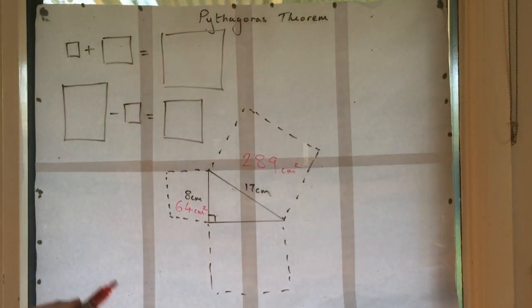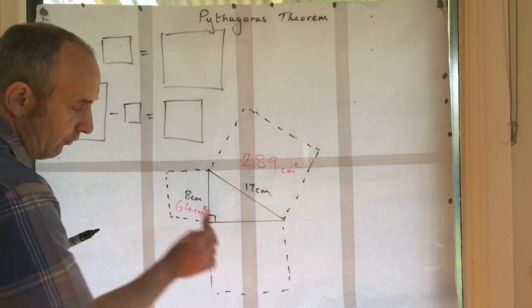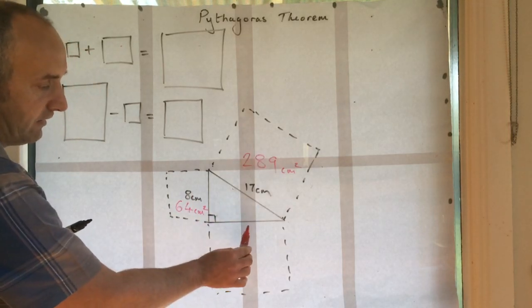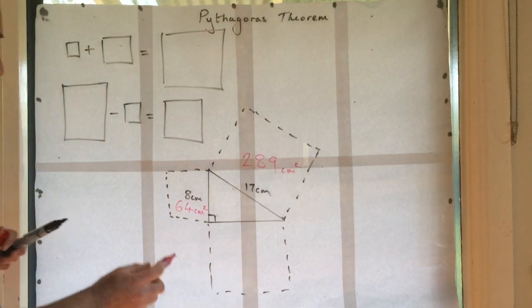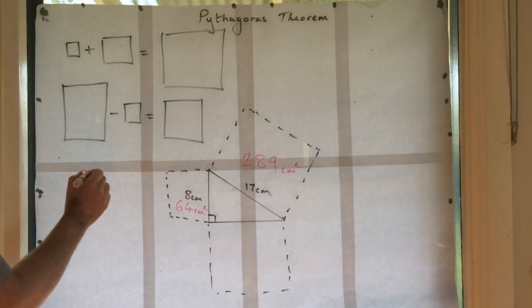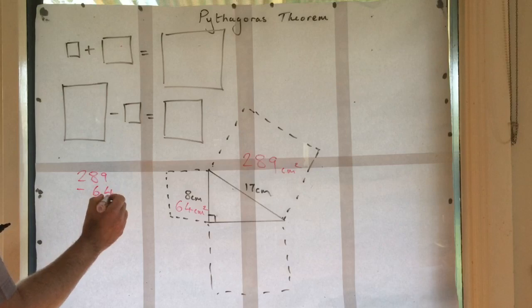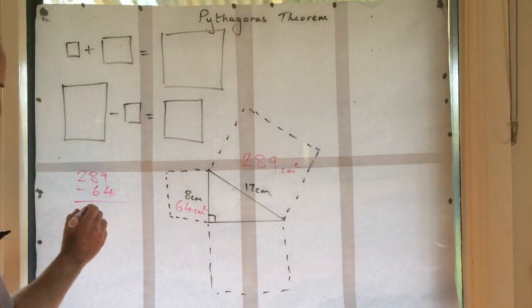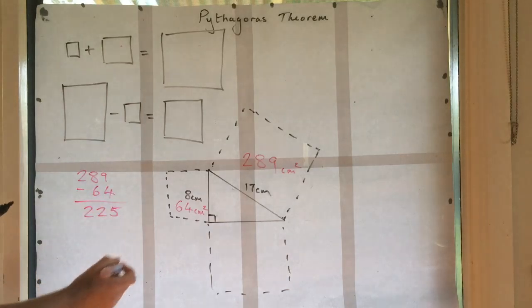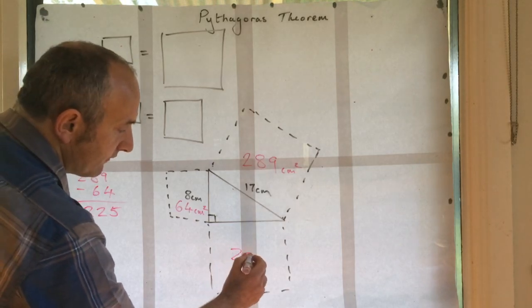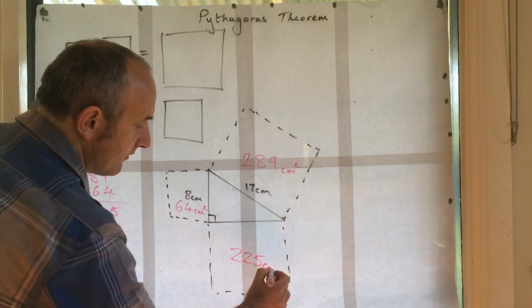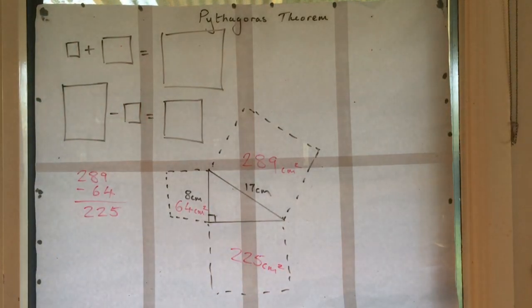Now, this one though, because we want one of the two short sides, it's subtract. So I need to do 289 minus 64. And when I do that, I'm going to get 225. So I know the area of this is 225 centimetres squared.